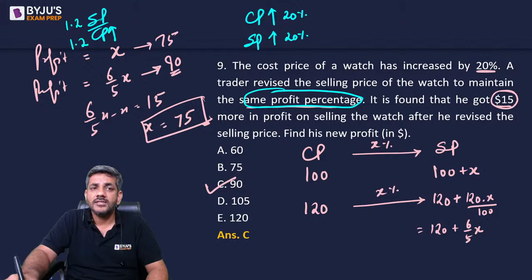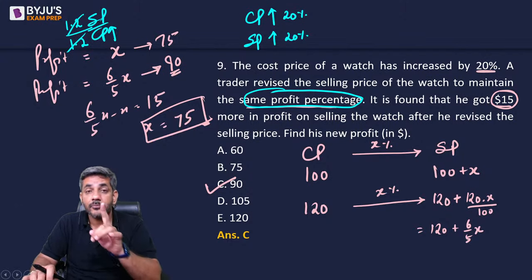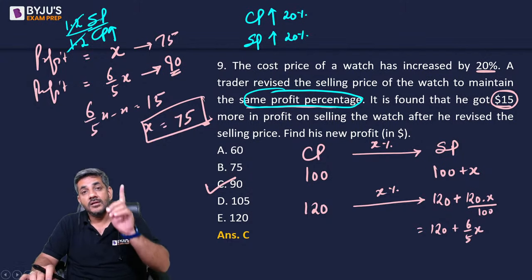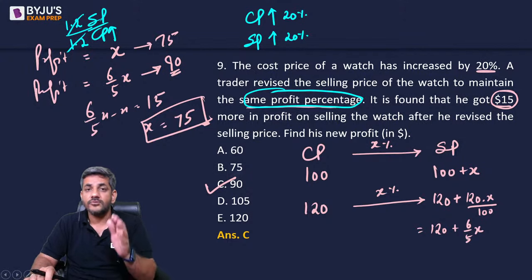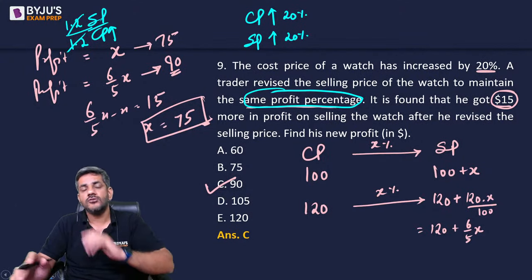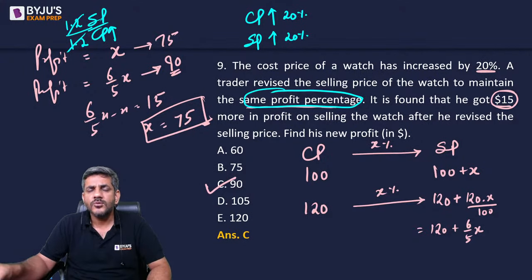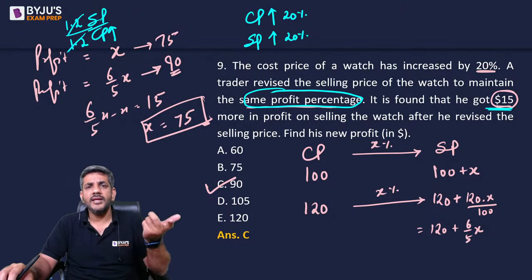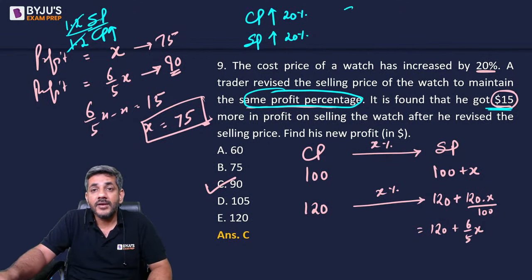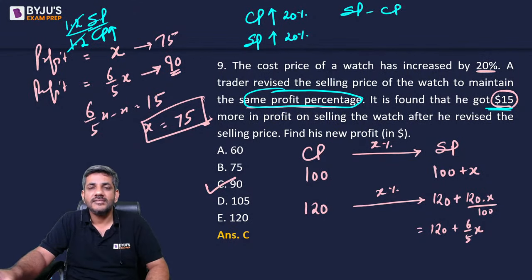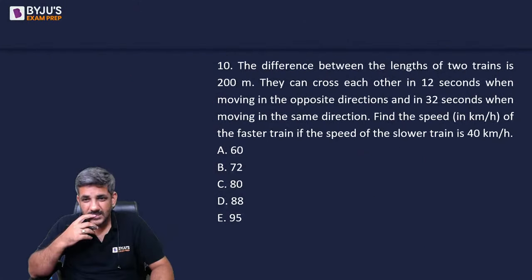The profit percentage remains the same. So if you want the same profit percentage, you have to increase your selling price also by 20%. You are saying that your profit increased by $15, right? So this $15 should be 20% of the profit. Why? Previously the profit was SP minus CP. Now the profit is 1.2 SP minus 1.2 CP.